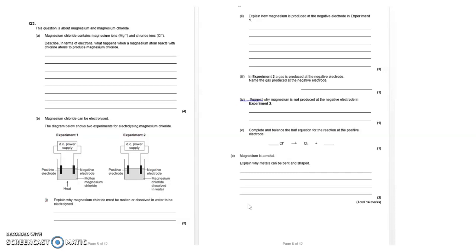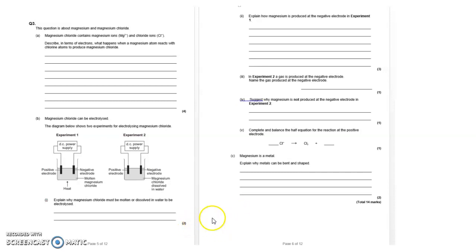Make 4 clear points describing what the magnesium atoms do with their electrons to become ions, what the chlorine atoms do to become ions, and then what happens when the oppositely charged ions attract each other, and think about what the formula of magnesium chloride will be. How many of each type of ion will be in magnesium chloride?